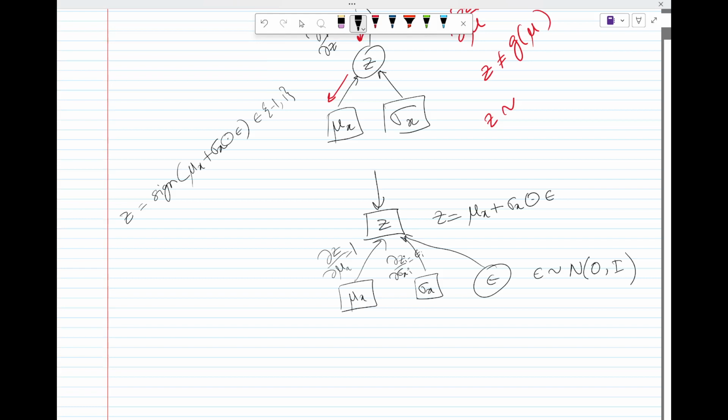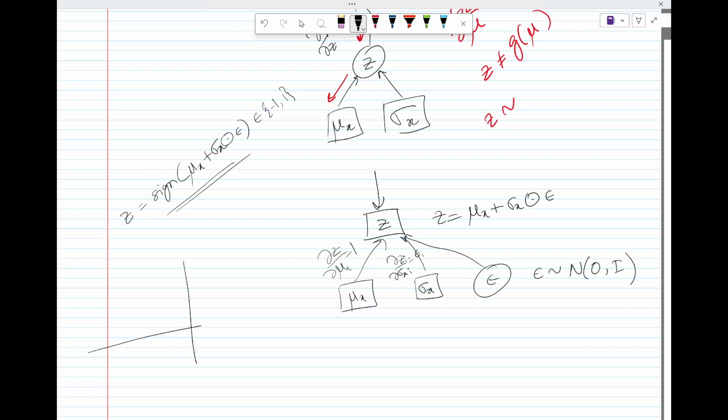Because this is not a continuous function, the derivative is not defined, or the derivative will be 0 at most of the places. So there will be no backpropagation.